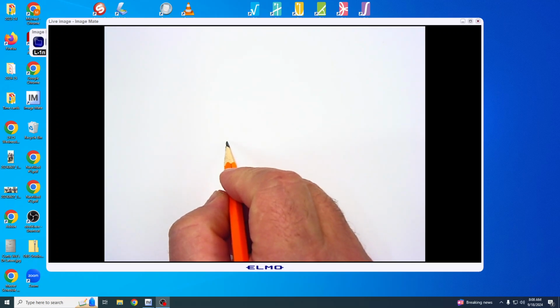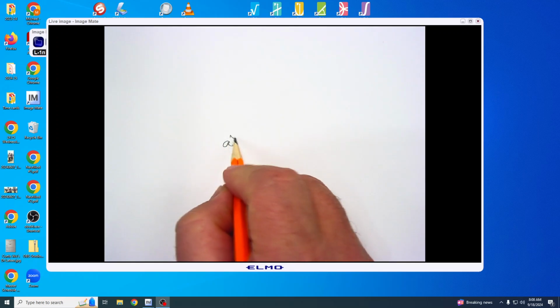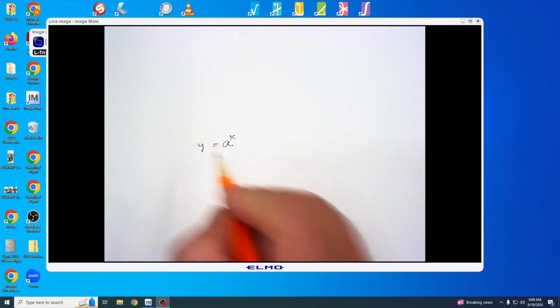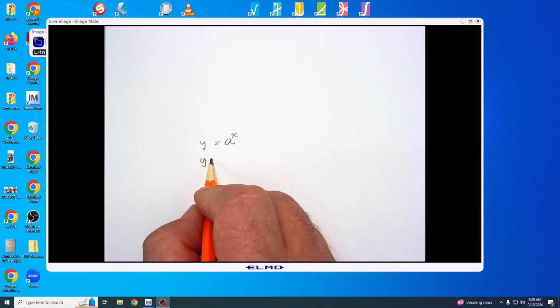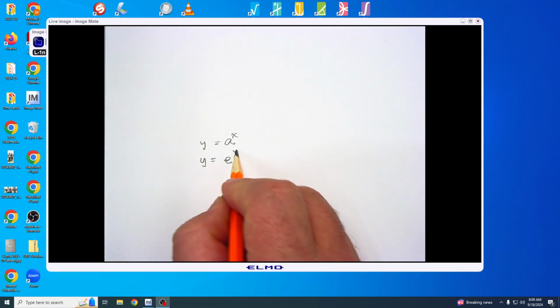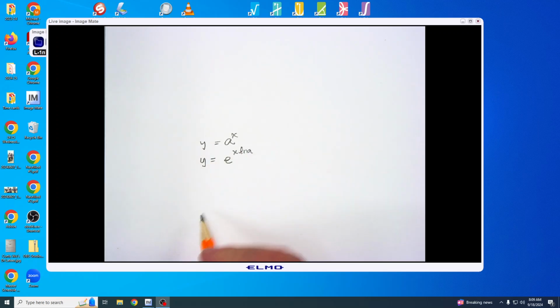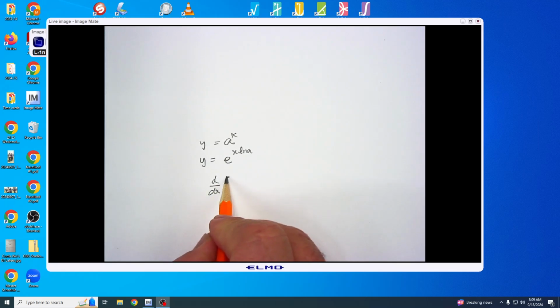Yesterday in class, we saw how we were able to take a to the x equaling y, and we saw how we could change it into y equals e to the x natural log of a. And from that, take our derivative using the chain rule.